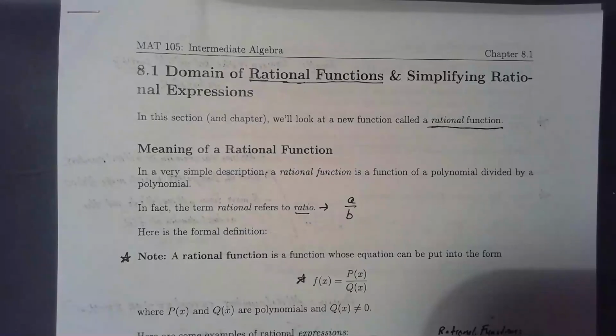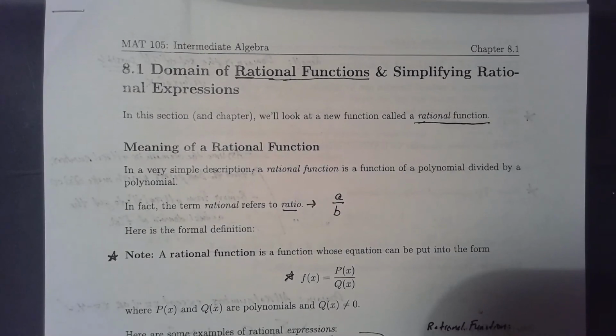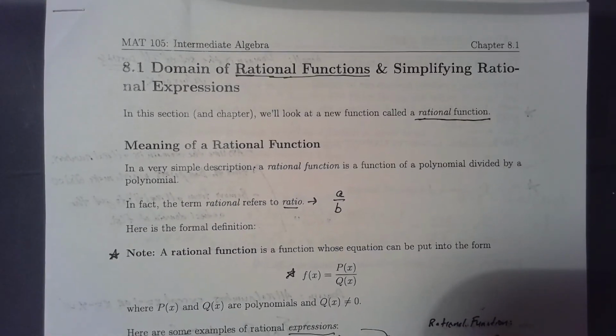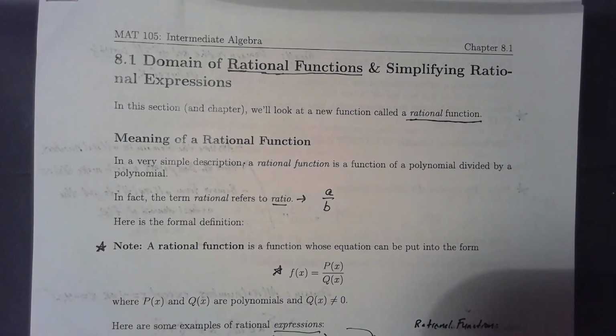I think 8.2 is multiplying and dividing rational expressions. And then 8.3 is adding and subtracting, and then simplifying complex ones in 8.4, and then so on. So the rest of this chapter is just basic arithmetic with rational expressions and how to do them. Alright, so that's the first section of chapter 8, and that's the end of this video.